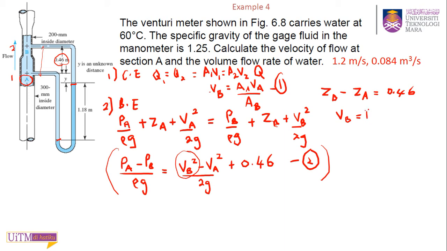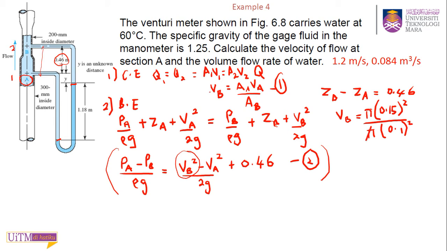Okay, pi, so pi, the area at A, pi times 300 divided by 2, okay, 150, so this will be 0.15 squared, over pi, the area at B, okay, 200 millimeter, so it will be 100 millimeter, and that will be 0.1 in meter, 0.1 squared.